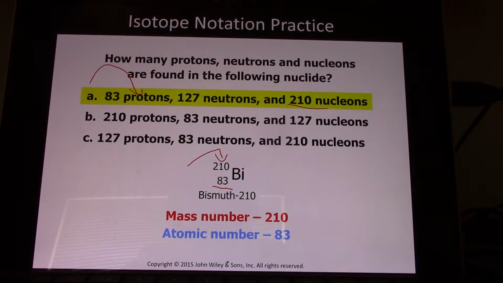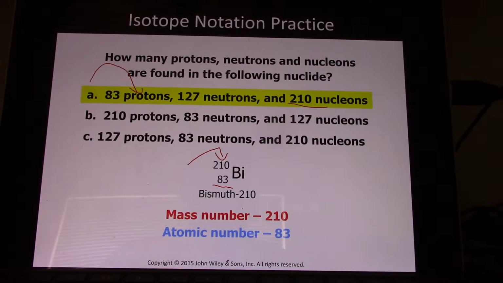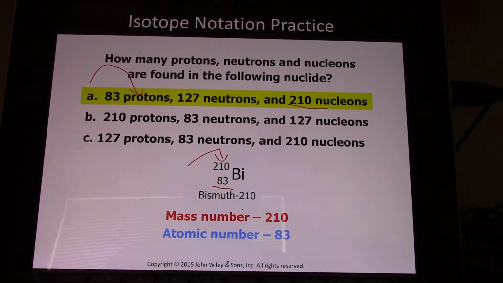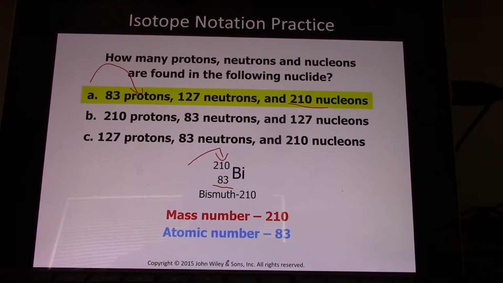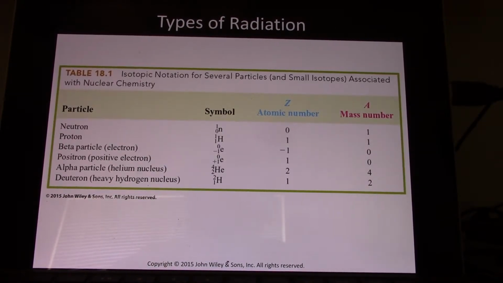And then to find the neutrons, we take 210 minus 83, and we get 127 neutrons, which is exactly what they have.